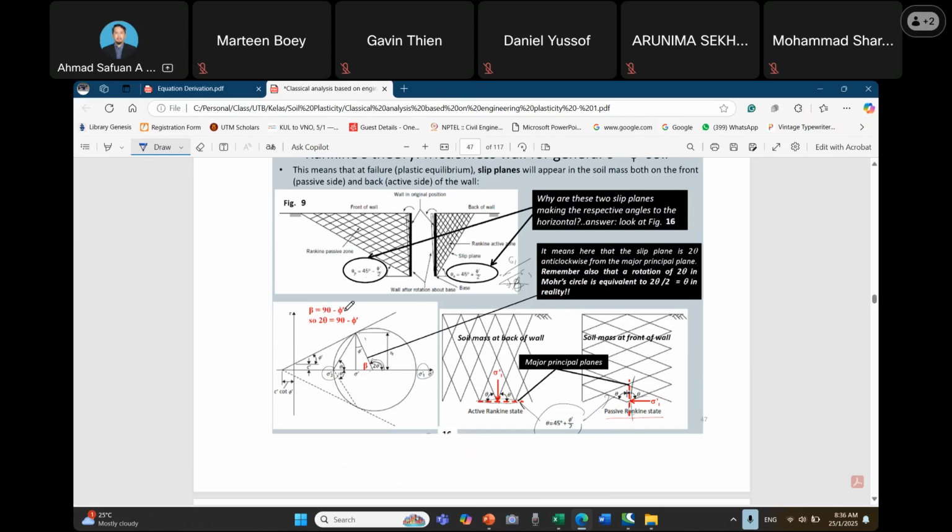Okay, so beta is equal to 90 minus phi. When we put it in the Mohr circle, the rotation is equal to 2 theta.